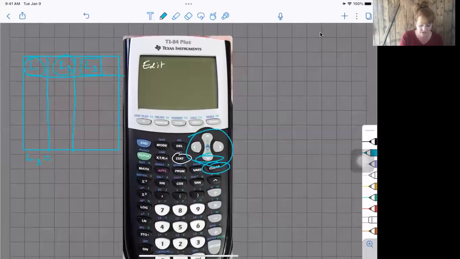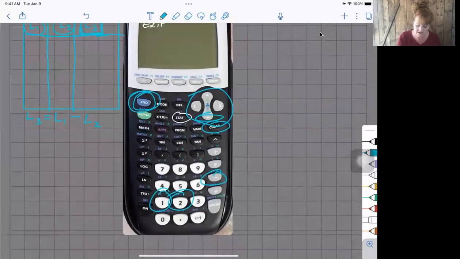So you're just going to, with your highlighter up here at L3, you're going to do second function 1. That's going to give us L1. And you should see that appear down here when you type that. And then minus, so do your minus sign. And then you're going to go second function 2. And you should see your L2 show up.